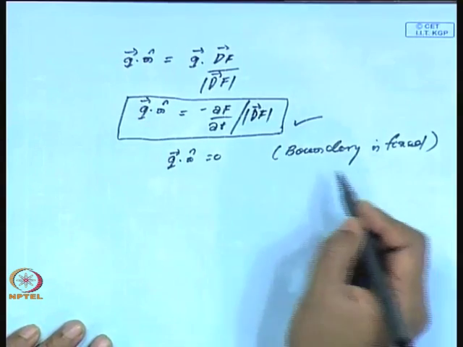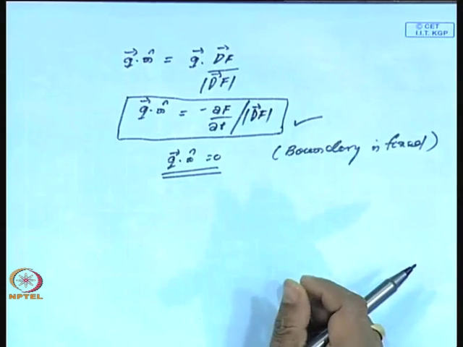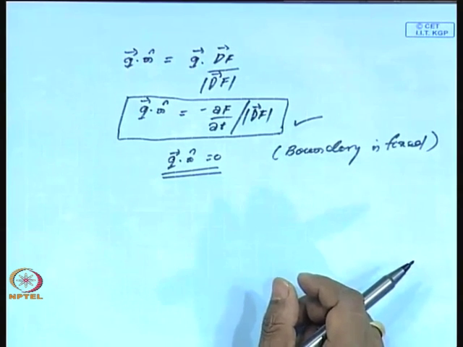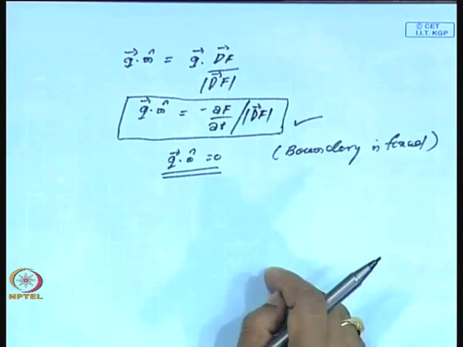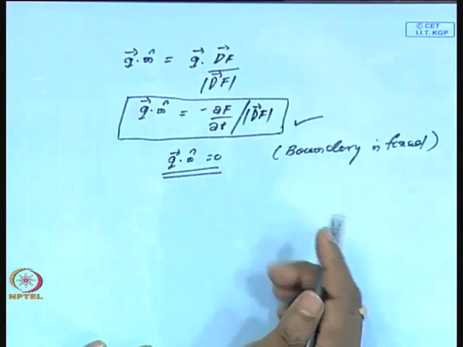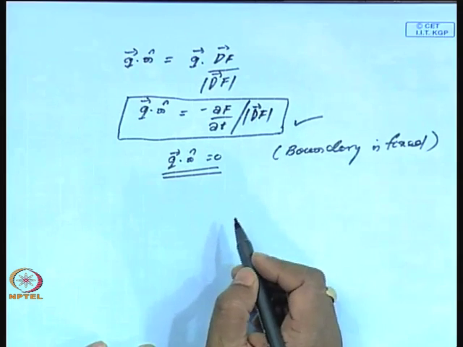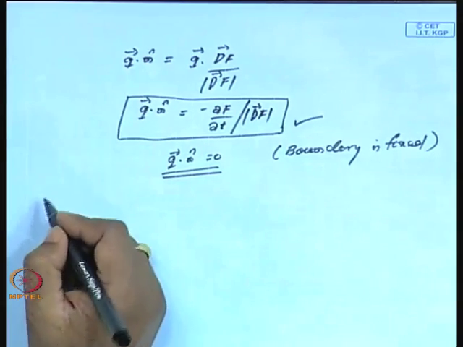So, this is for a fixed boundary. This is another important result: how to get the boundary surface, and if we know the boundary surface and the boundary is fixed, then q bar dot n hat is 0. Now with this I will go to a very nice example.